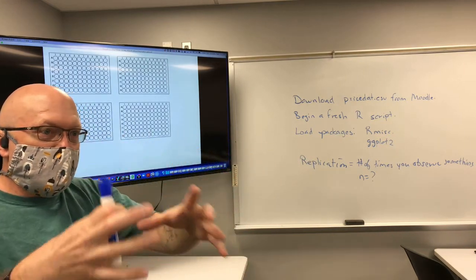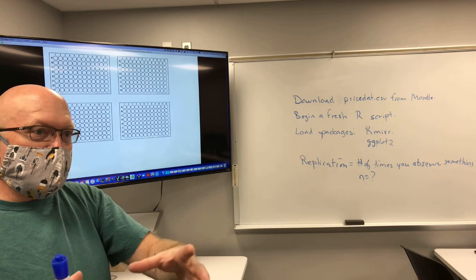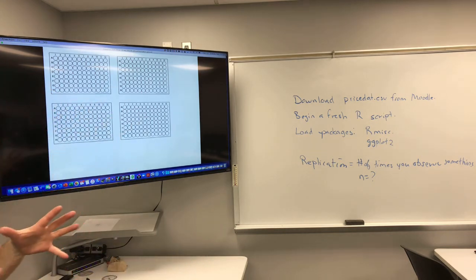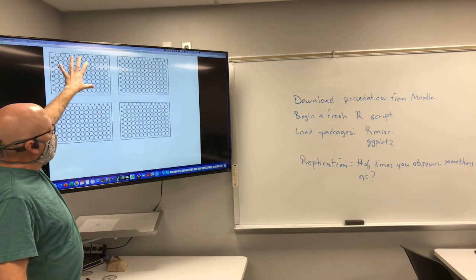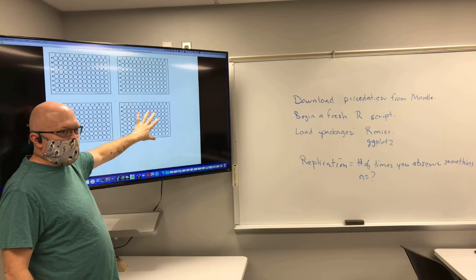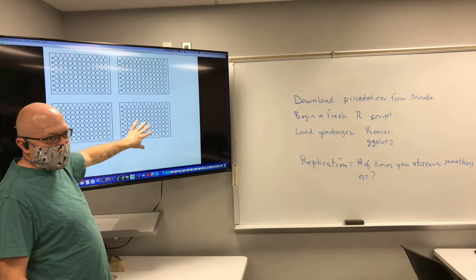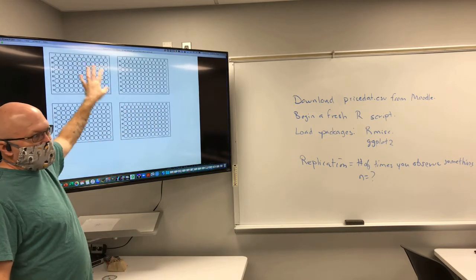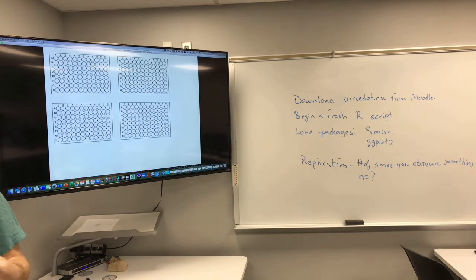There may be another 96 well plate someplace else in that incubator, but even within a single incubator, there may be variations in temperature and stuff like that, such that things that are happening to this plate might be different than things that are happening to this plate. Even though this plate and this plate are exactly the same, they may just be different because of where they ended up being put in the incubator.